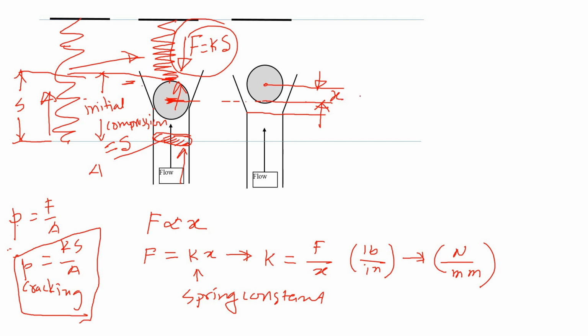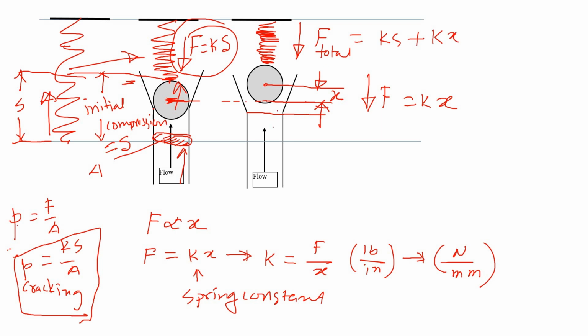So the force by that distance would be, the spring is even more compressed. So that force will be F equal to Ks plus Kx. So the total force in this condition is going to be the initial compression force plus the additional compression to make full flow or free flow. So that would be the total force.